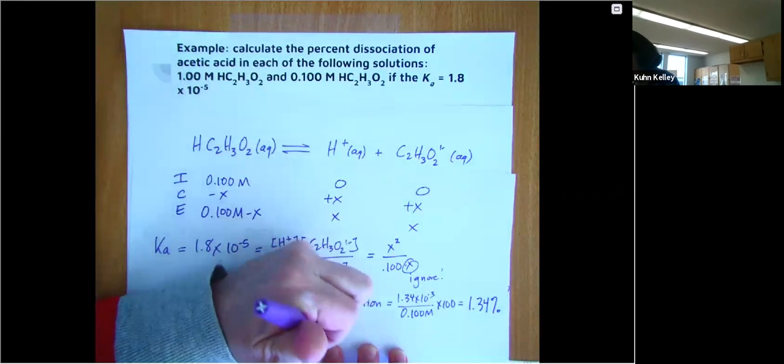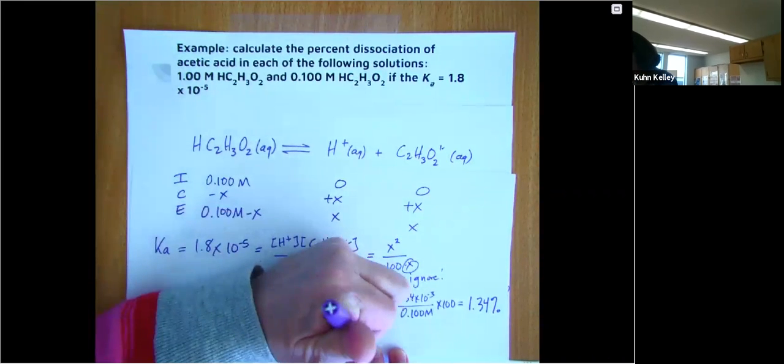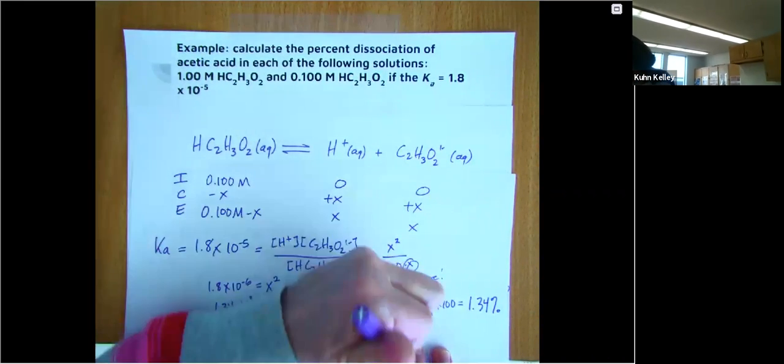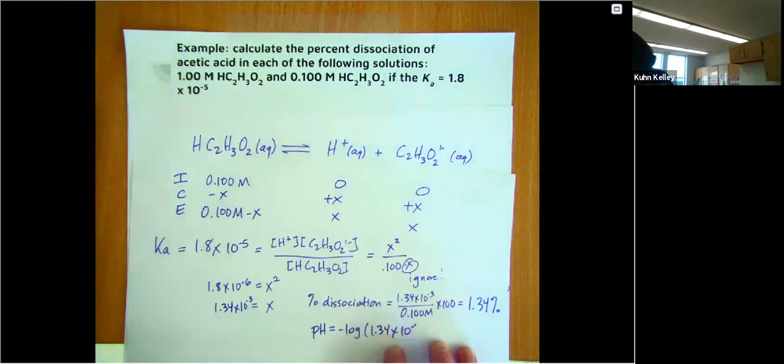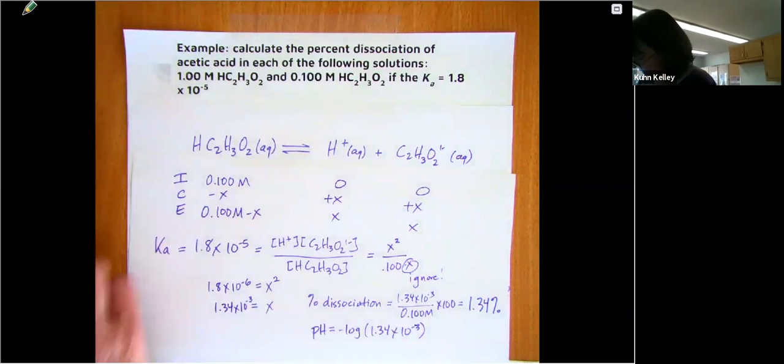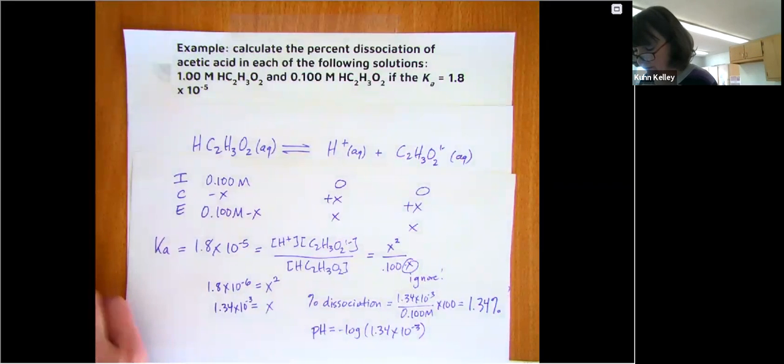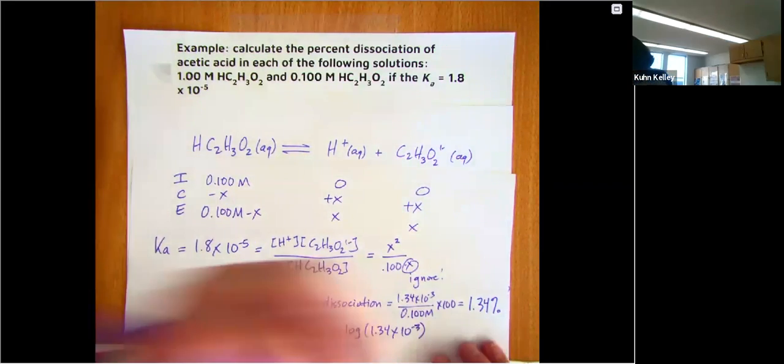And let's also just go ahead for the sake of argument and do the pH. So the pH is going to be the negative log of 1.34 times 10 to the negative third, which is 2.87.